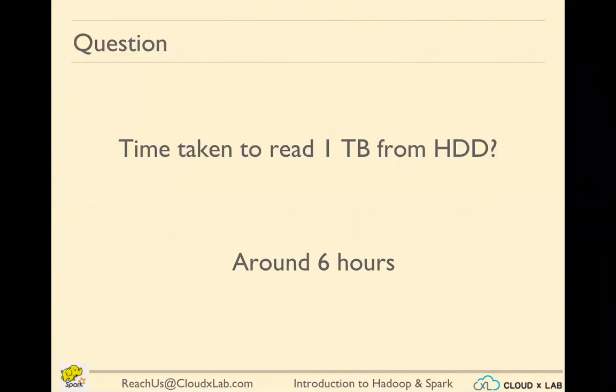If I had just asked how much time it takes to read 1 TB from disk, your next question would have been what kind of disk it is. Here we're talking about a hard disk drive, and even if you have a really fast hard disk drive, it is going to be close to 4 hours.